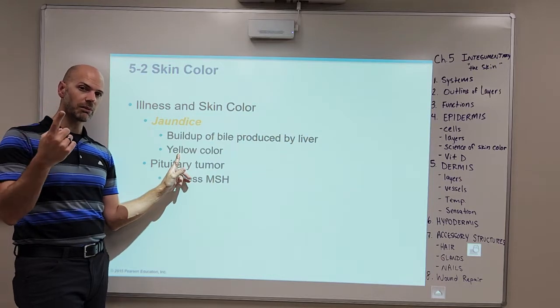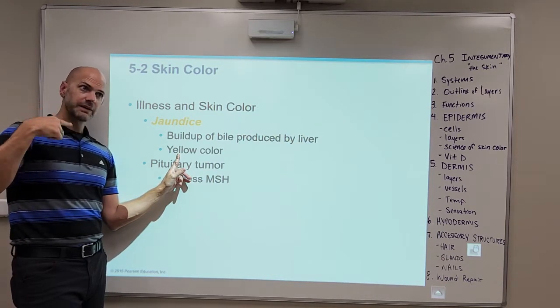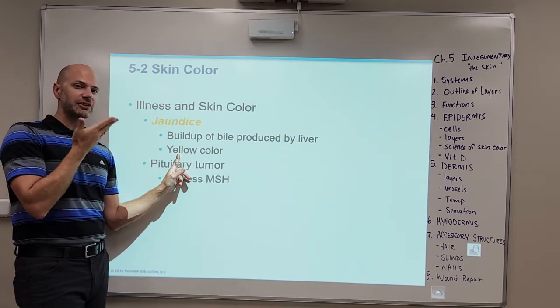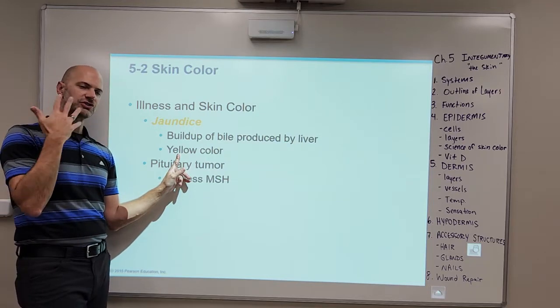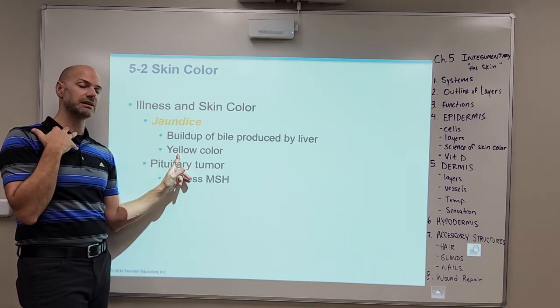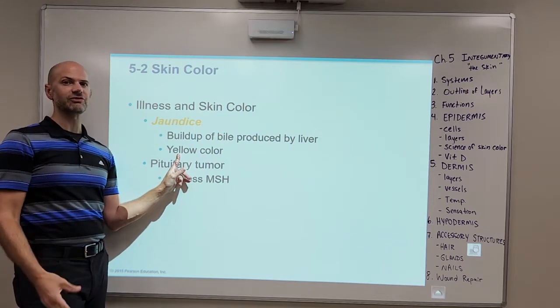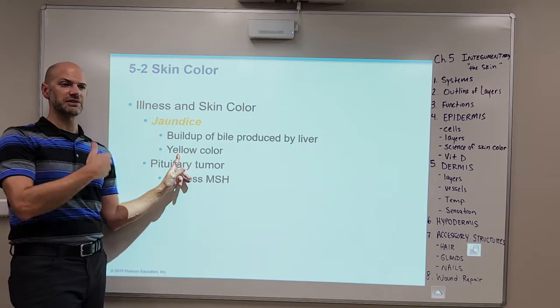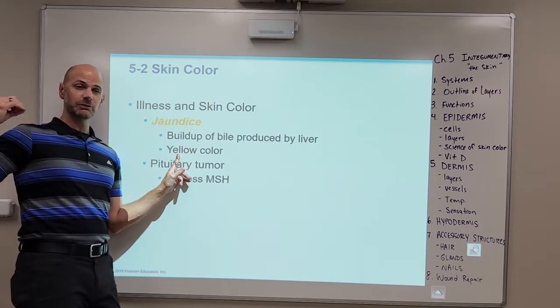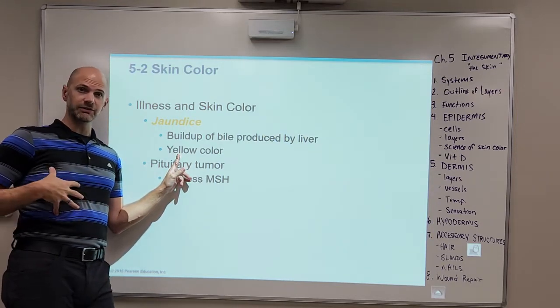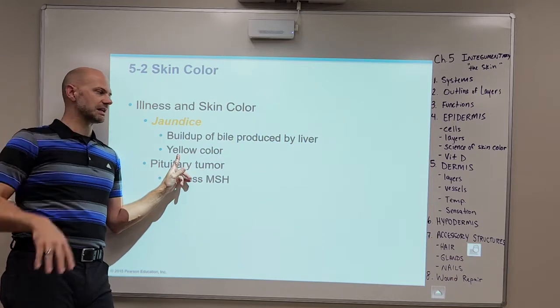We'll learn more about the liver dynamics, about why jaundice is caused, but for now, just know that when you see a yellowing of the skin, it is caused by jaundice, which is a liver defect. You have liver problems when this is true. So if you have a really bad alcoholic that has liver failure, you might see jaundice.